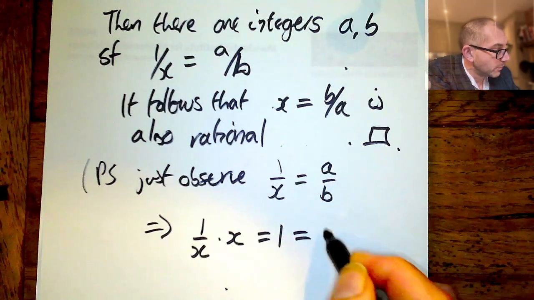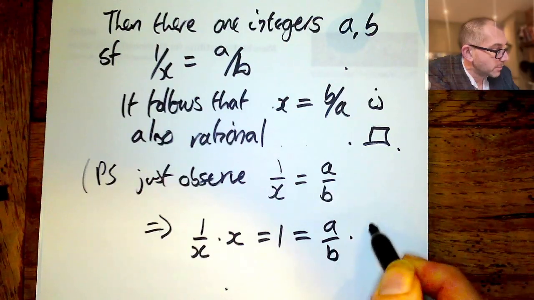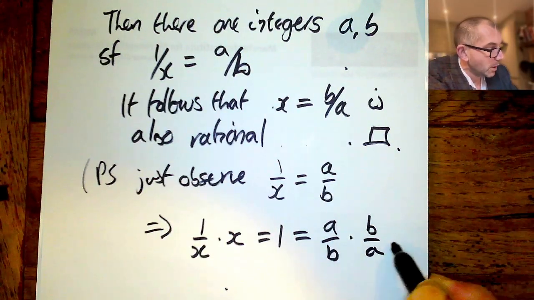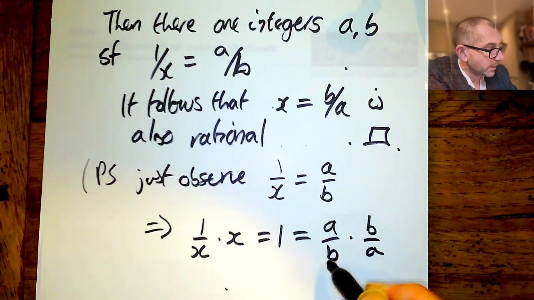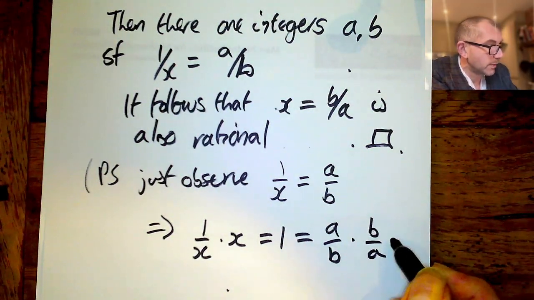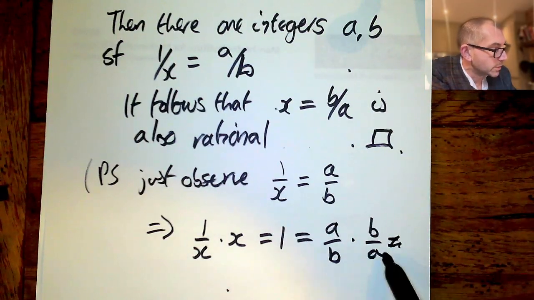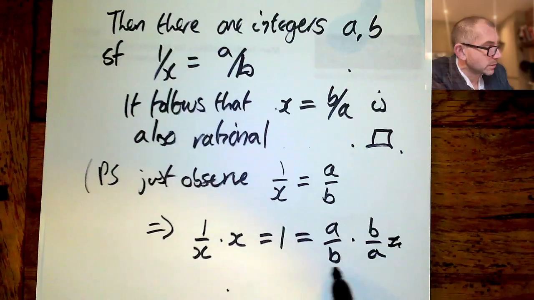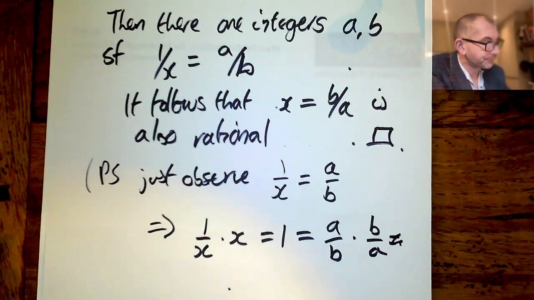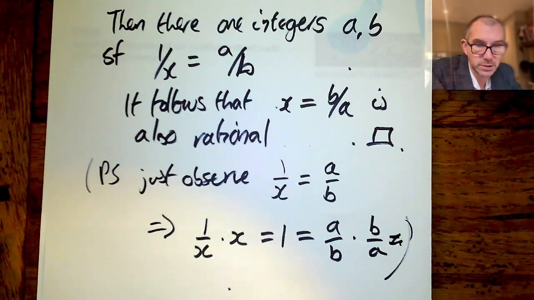And 1 over x is a over b, and if I put b over a here, then I can cancel from the top and the bottom, because that's how I make fractions behave. And so these two are the same, and we have 1 over x is a over b, so from that you can get that x is b over a. Right, proof by contradiction next time.